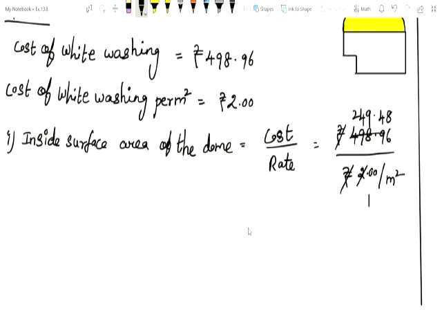Now, what is the answer? 249.48 meter square. So, this is inside surface area of the dome. It means curved surface area of the dome, 249.48 meter square.